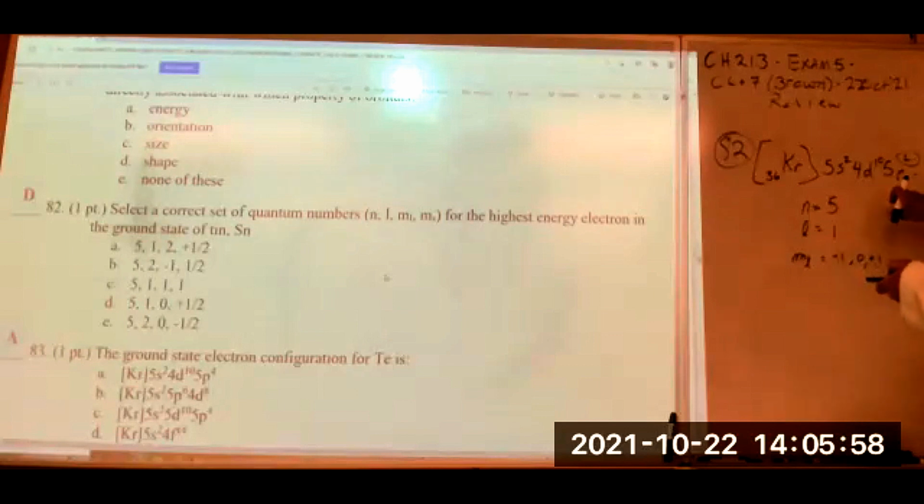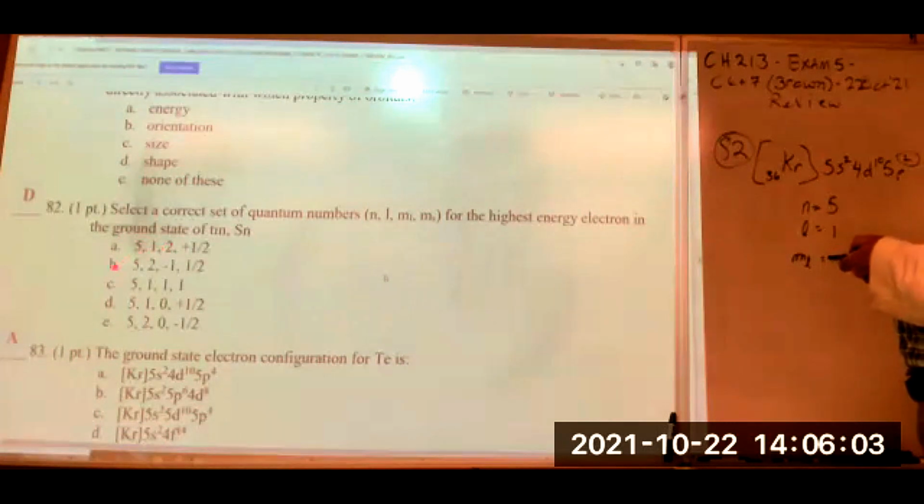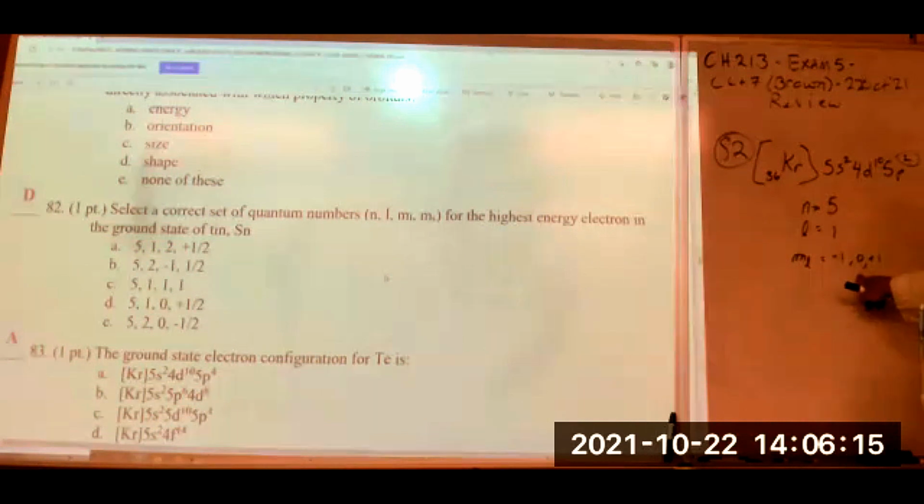So let's see which ones can we satisfy with 5 and 1. Right. A, C, and D. Those are the only 3 that would work. Okay. So let's look at this one. 5, 1, 2. Is 2 possible? No. M sub L cannot be 2. All right, let's go to the next one. 5, 1, and 1.